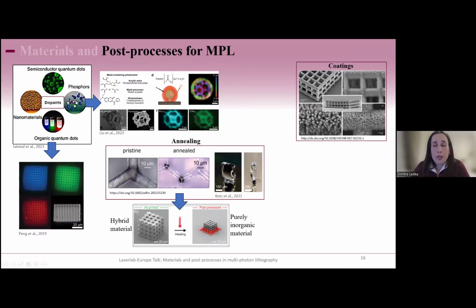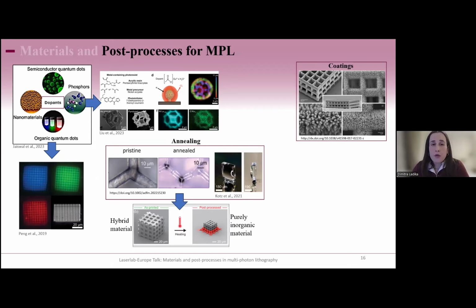Of course, annealing is a process where the structure undergoes intense heating to extreme temperatures, and this results in the transformation of the material into totally inorganic structures, while at the same time decreasing its overall size by up to 50%, which can give us high resolution and, for example, high refractive index depending on the material, and durability.